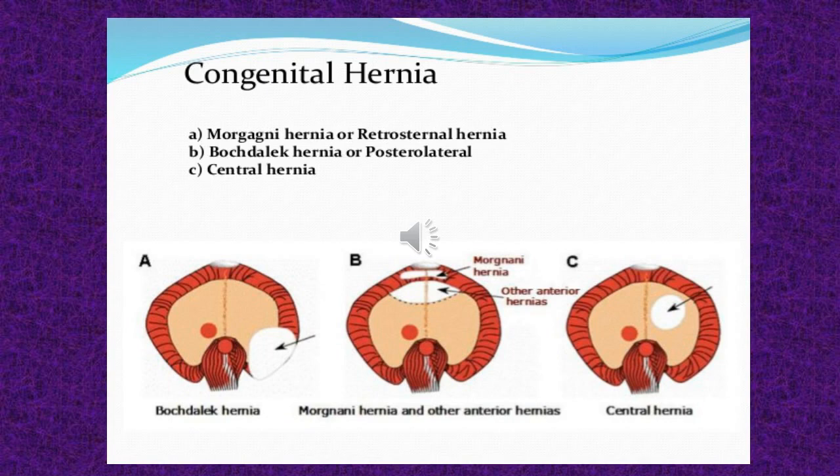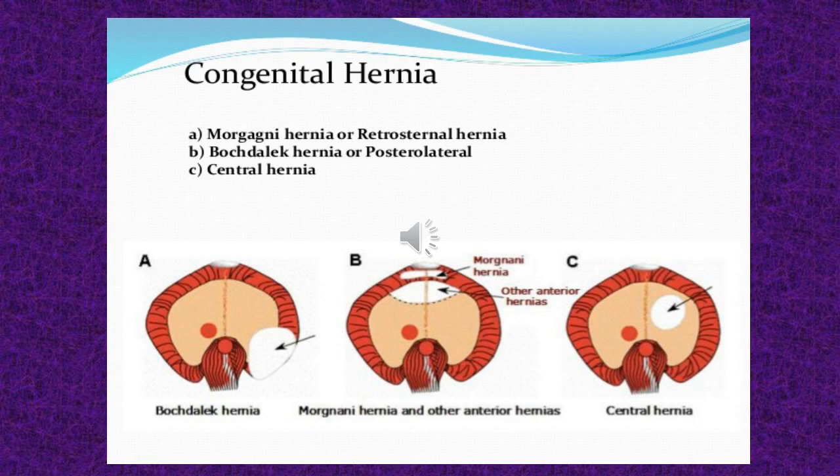The second one is posterolateral hernia or Bochdalek hernia. This is by far the commonest type of congenital diaphragmatic hernia. It occurs through the pleuroperitoneal hiatus or foramen of Bochdalek, situated at the periphery of the diaphragm in the region of the attachments of the 10th and 11th ribs.